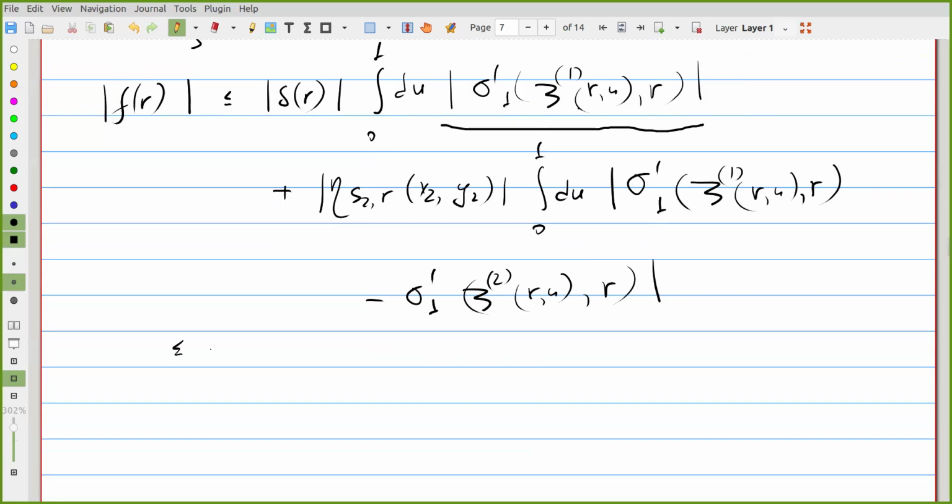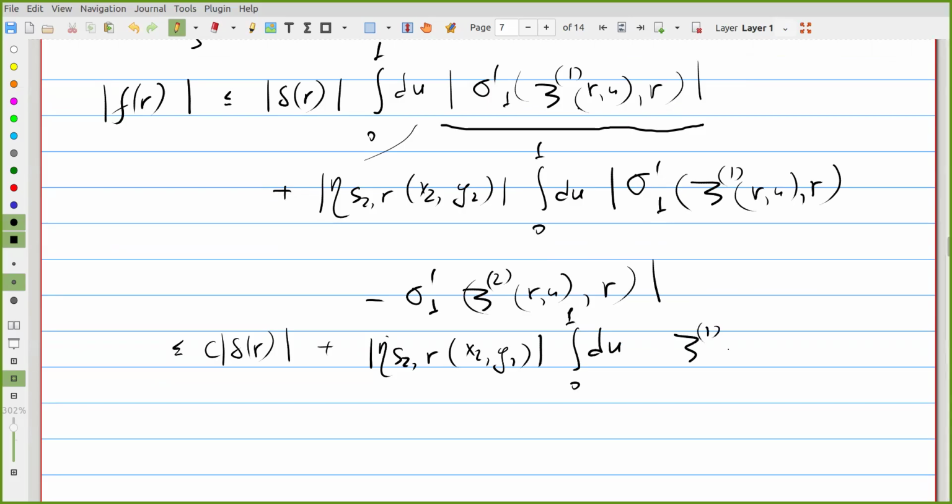So it's just some constant times delta of r. This integral is just 1. Here we get, this doesn't go anywhere, but here we obtain, again, the integral that remains to the power of, by Holder continuity.